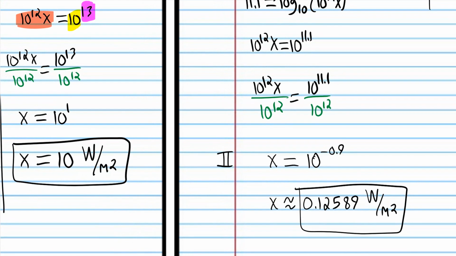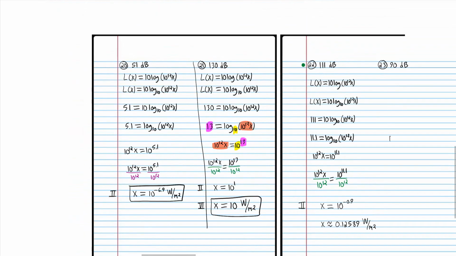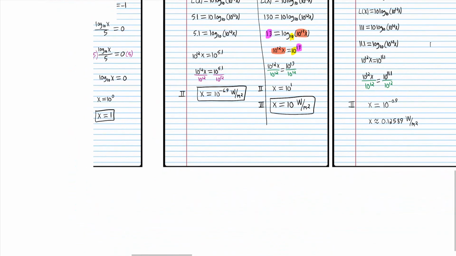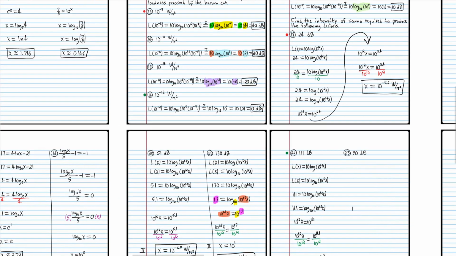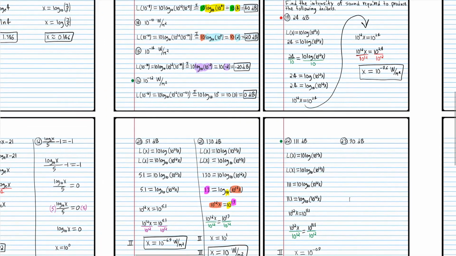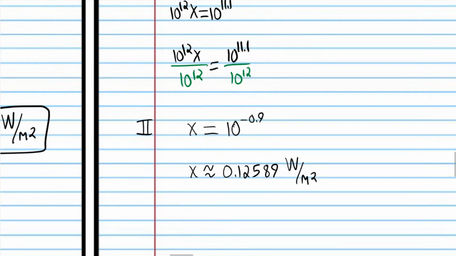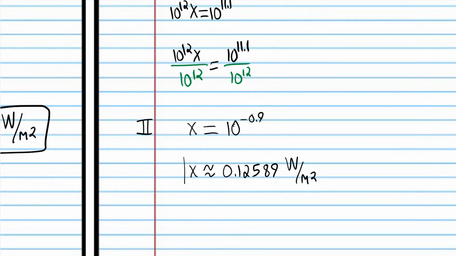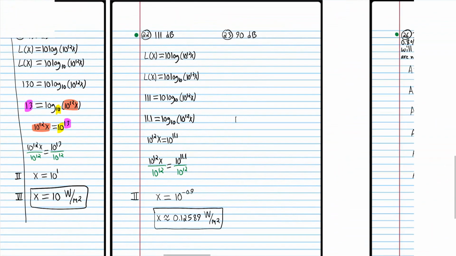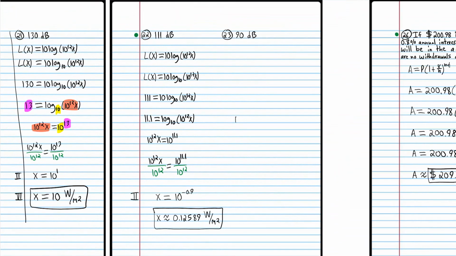I don't think these problems tell us that we need to round to a certain number. No, they don't. So we can use our own discretion when rounding. Okay, so if you got that right, excellent.